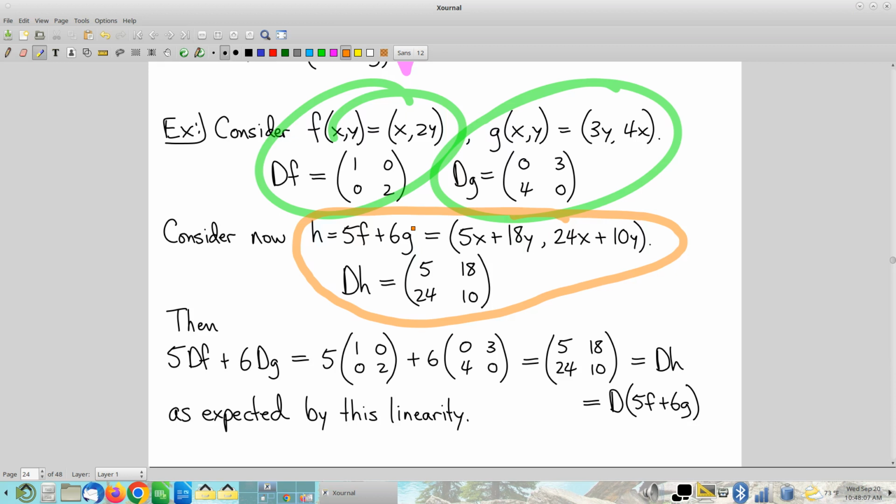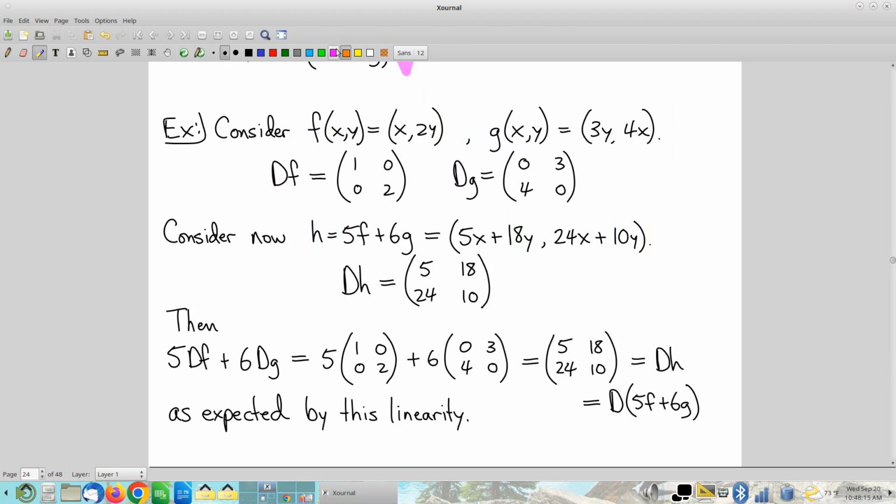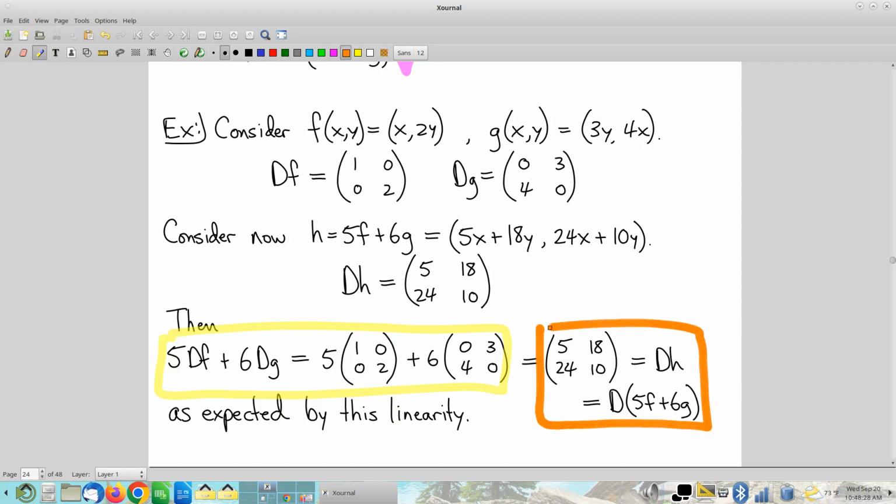And here's the linearity. The linearity is the claim that if I look at a linear combination of the derivatives, or if I instead look at the derivative of the linear combination function, we get the same thing.